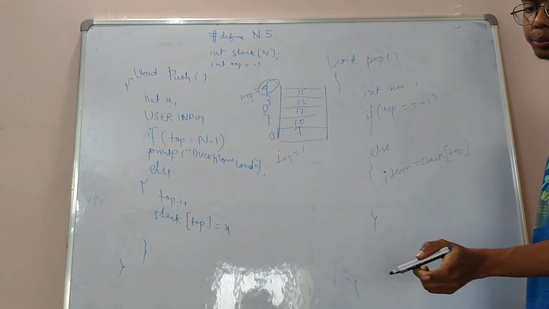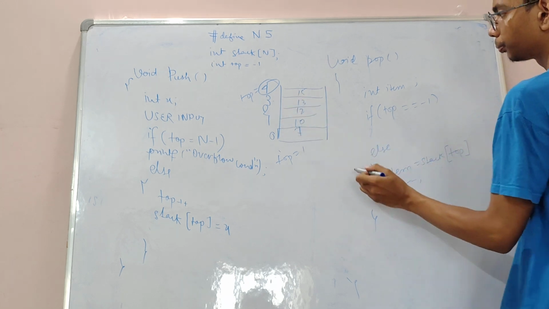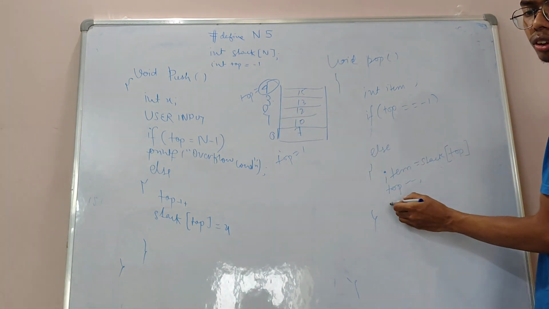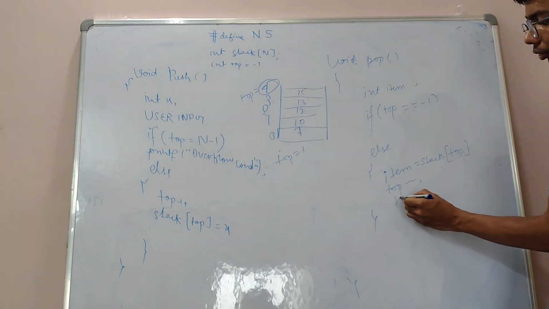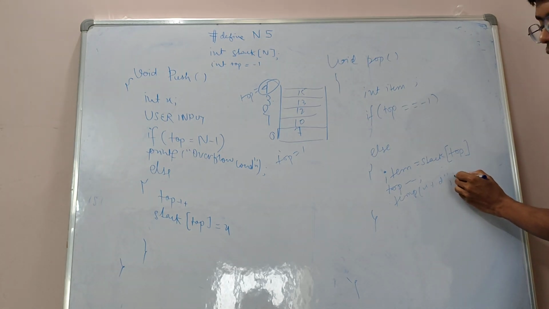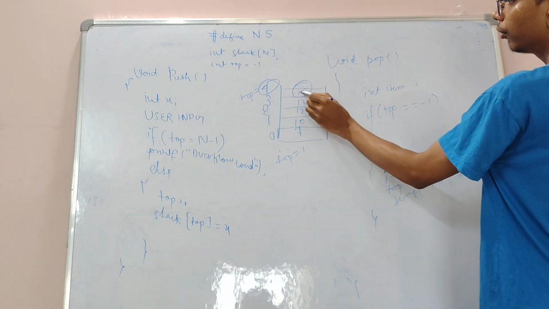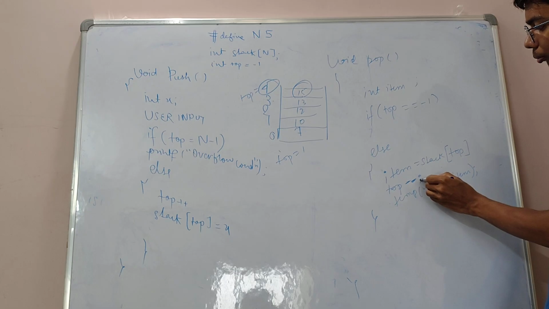And then top--, so top will become 3, and this value will be deleted. So printf %d item, the item that is deleted will be 15, and top will become 3.